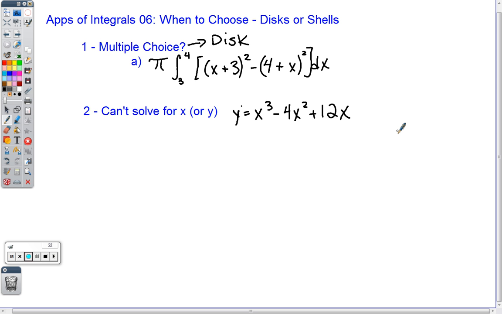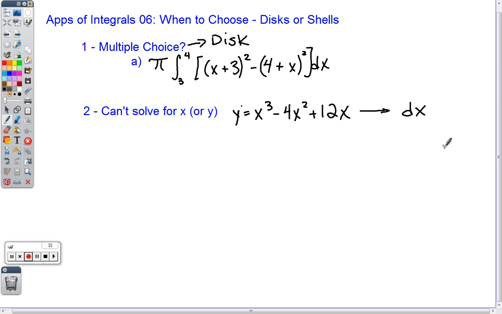You can't, right? So I don't know if you're doing that in disks or in shells. I do know that whatever you are doing this in, you're solving this in dx. Does that make sense? Because that has to be done as x cubed minus 4x squared plus 12x.